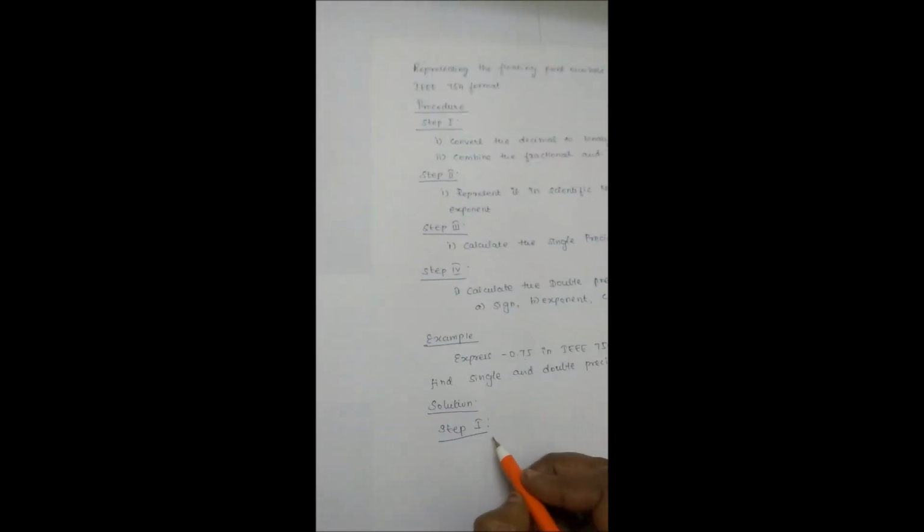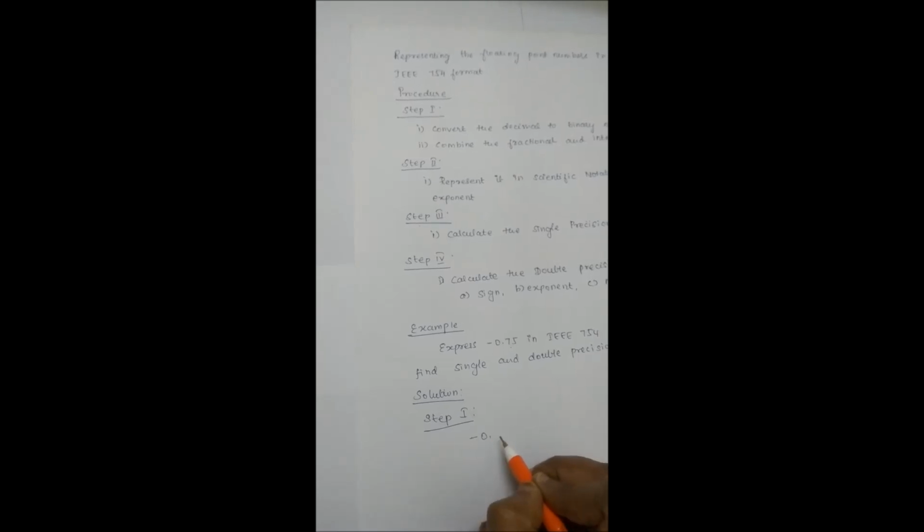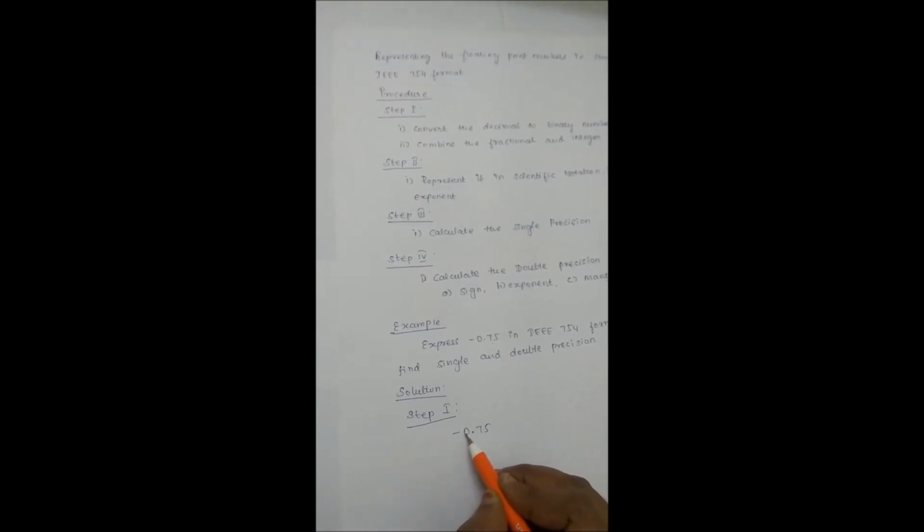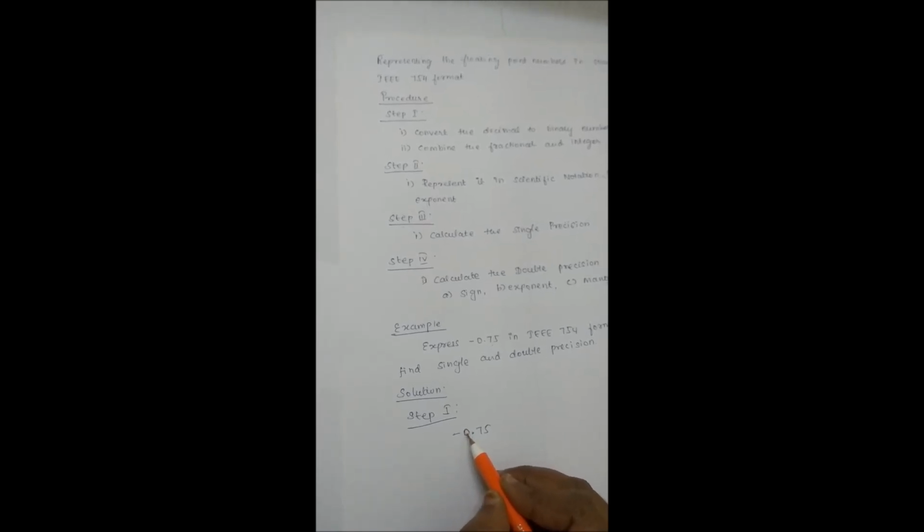In step 1, we take the value minus 0.75. For 0.75 we have to convert this into binary. For 0, it is the integer part, and there is no need to convert it to binary because it is already in 0 format. So we just calculate for 0.75.